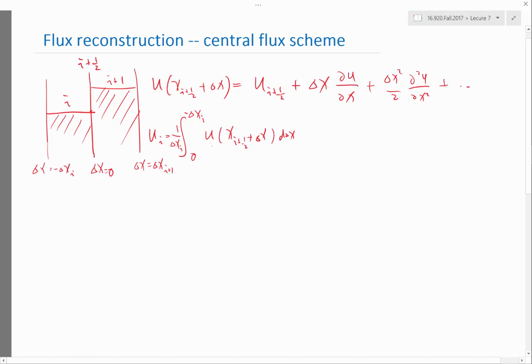So this is what I should be integrating, and I should change the order so that I'm integrating from minus delta xi to 0, and the u of I plus 1 would be equal to 1 over delta xi plus 1 times the integration from 0 to delta xi plus 1 of the same quantity. So this Taylor series analysis is going to be integrated over a domain, yes?